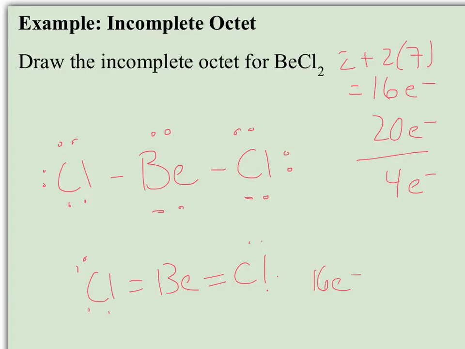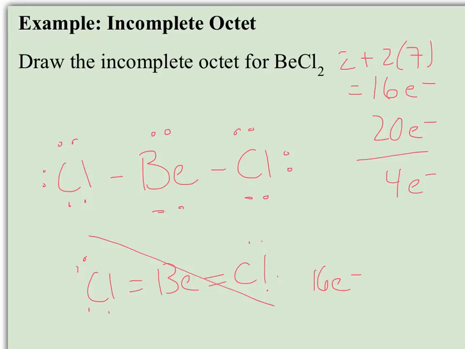This looks like an ideal situation, but the reality is that these 2 chlorines would be so close to that beryllium nuclei, the chlorine nuclei and the beryllium nuclei are going to be so tightly packed together, it just isn't going to happen. So even though mathematically this looks like a good option, it doesn't happen. So what does happen?